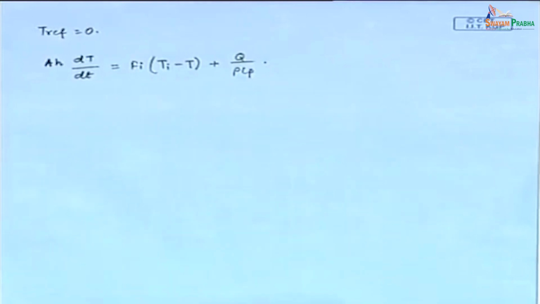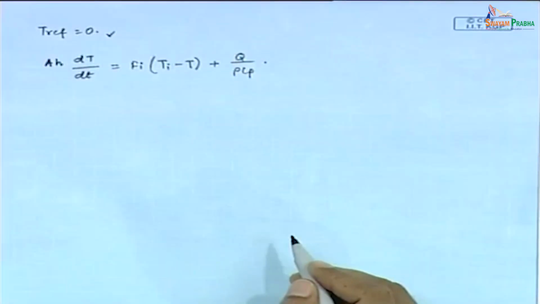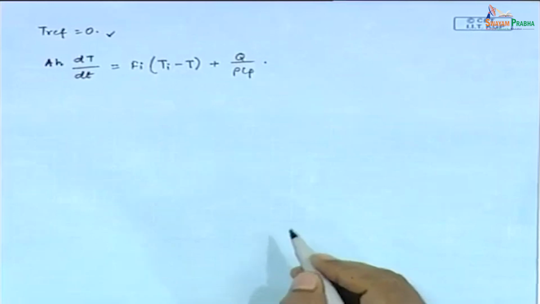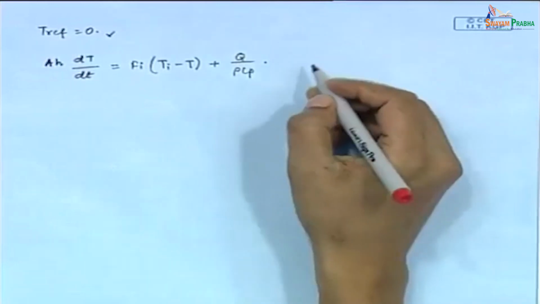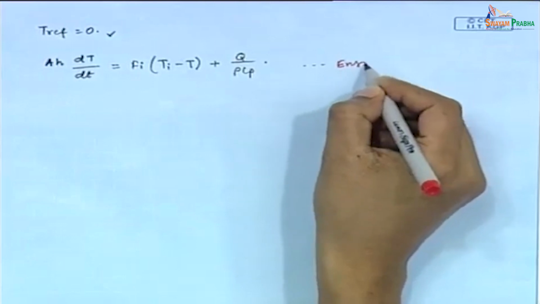This is the energy balance equation. If we consider T reference equals to 0 and simplify, finally we will get this energy balance equation.